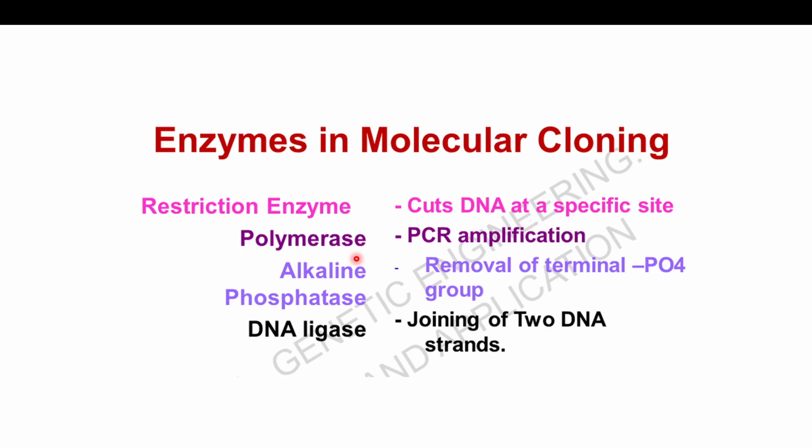We looked at PCR in the previous tutorial video, which is basically to amplify the number of copies of our recombinant DNA molecule. Then there's alkaline phosphatase, which removes the terminal phosphate groups, PO4 3 minus, from a DNA strand. Then there's DNA ligase, which is responsible for joining two DNA strands.